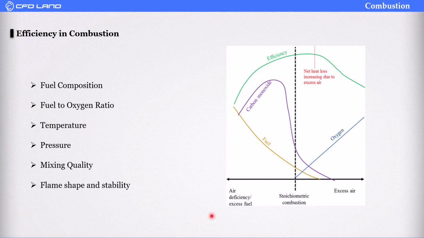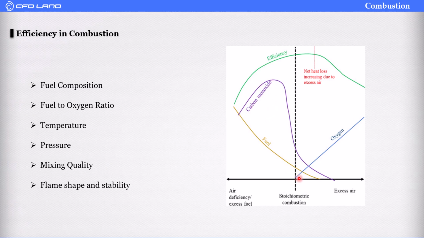If you look at the plot here, as you go to the right, we have excess air, and as you go to the left, we have air deficiency or excess fuel. When we have excess fuel, we have carbon monoxide because there is not enough oxygen to form carbon dioxide.